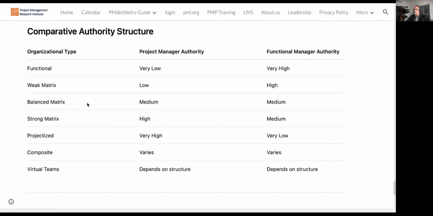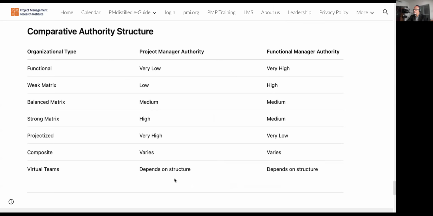In a balanced matrix, the project manager's authority level is medium, and the functional manager's authority level is also medium. And in a strong matrix, the project manager has higher authority than the functional manager. And in a projectized organization, the project manager has a very high authority level, whereas the functional manager has a very low authority level. And in a composite organization, the authority levels vary based on the nature.